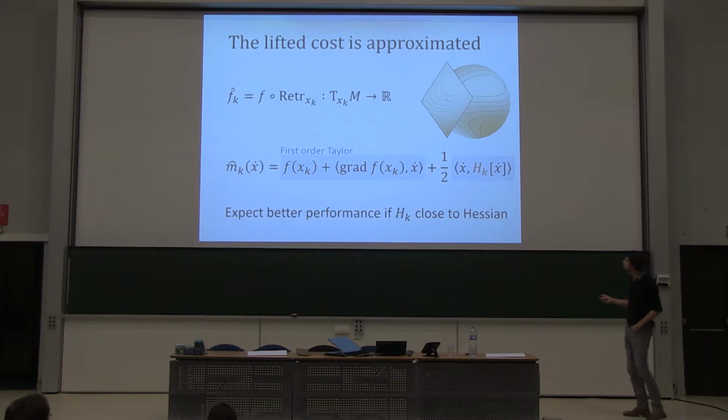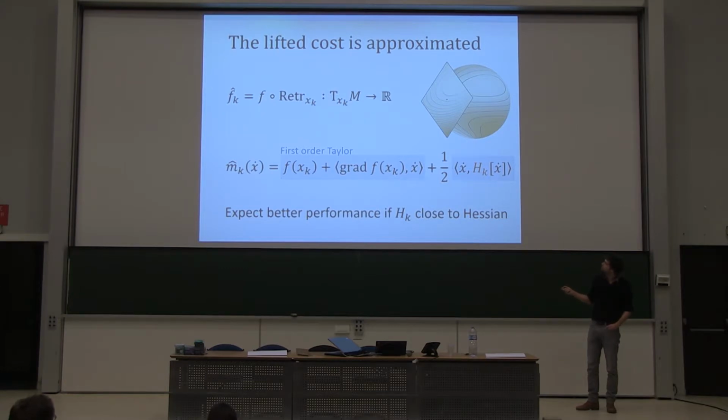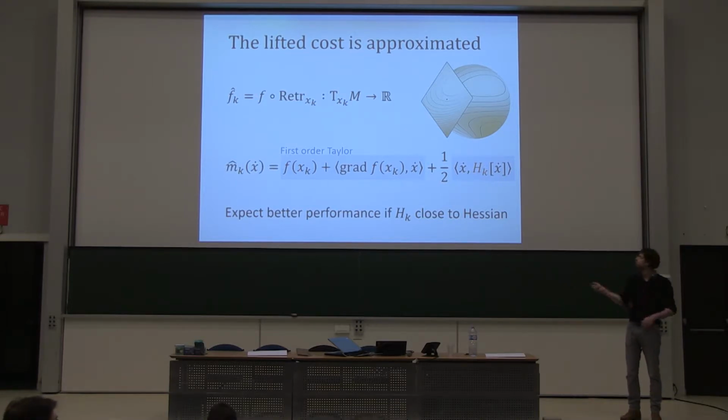Okay, and the canonical way to do this is to start with at least a first order Taylor expansion of the lifted cost, which happens to coincide with the first order Taylor expansion of the true cost, because the retraction doesn't distort things to first order. So this is a valid first order approximation of both f hat and f. I'm going to add that my model be at least this, so that we agree to some extent.